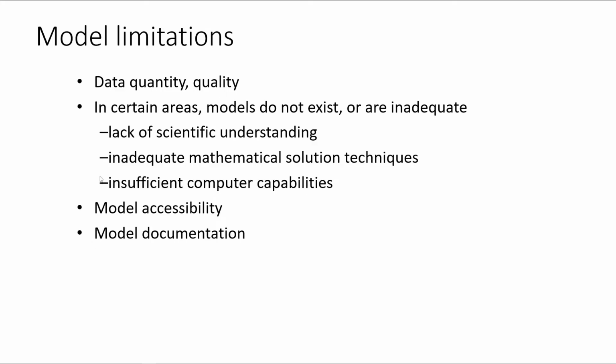Yeah. Model accessibility. For example, accessibility to MODFLOW was not easy because you needed to know a programming language to use it. But now GMS developed a graphical user interface, for example. That's just one of them.